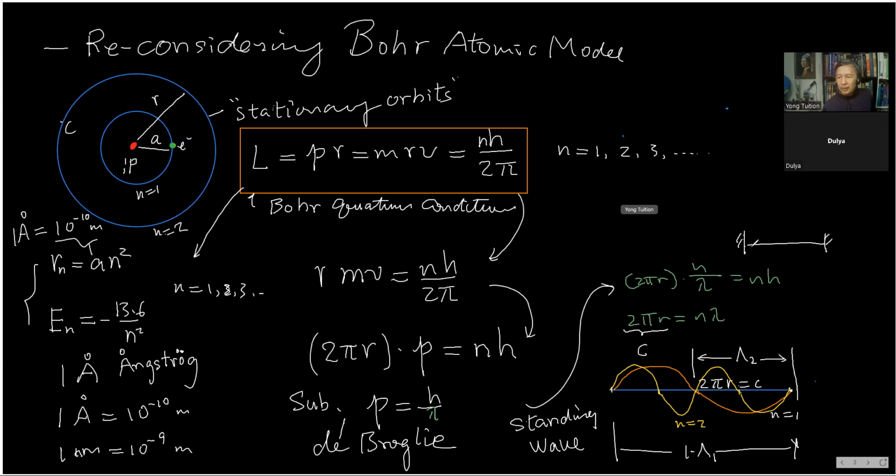Do you remember this formula? Probably you forgot, all right? Anyway, that is how we apply the de Broglie formula. So that is how we can use de Broglie's formula to explain why Bohr makes such an assumption.